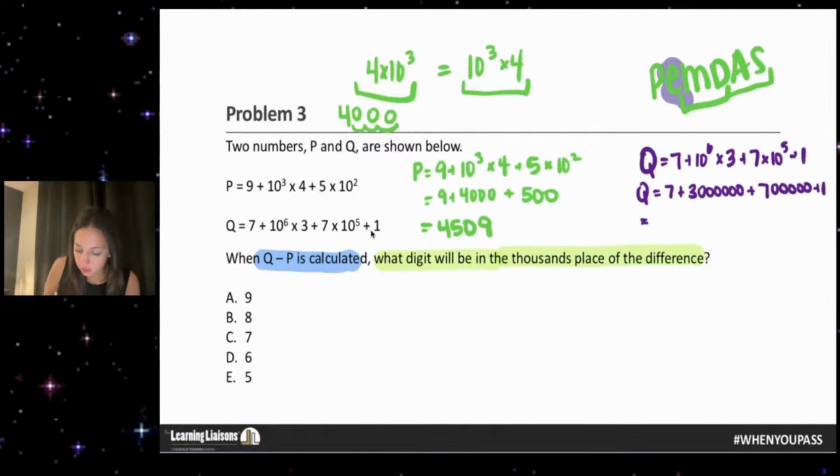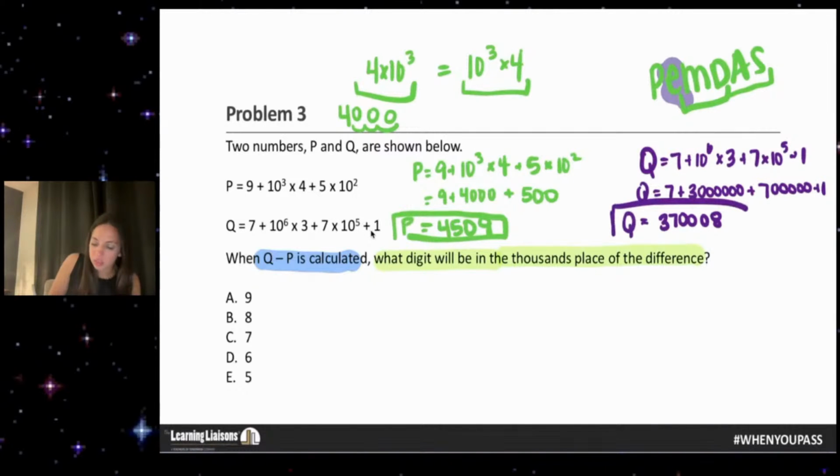So that's going to equal 370,008. So now that I've figured out what P is, which is this value, and what Q is, which is this value, now I need to do Q minus P.